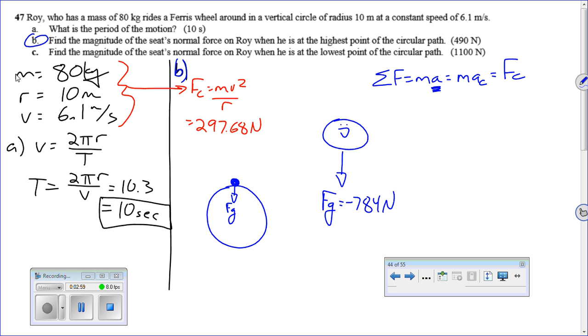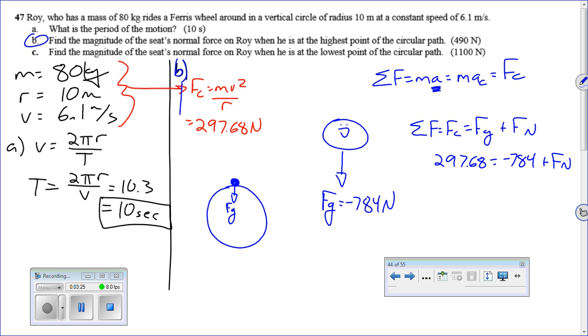Okay? So over here, here's what we've got. Our net force is our centripetal force, and that is equal to the force of gravity plus the normal force. So for us, our centripetal force is 297.68. That's got to equal our gravity, negative 784, plus our normal force. Now, before we go any further, we need to stop and address our signs.